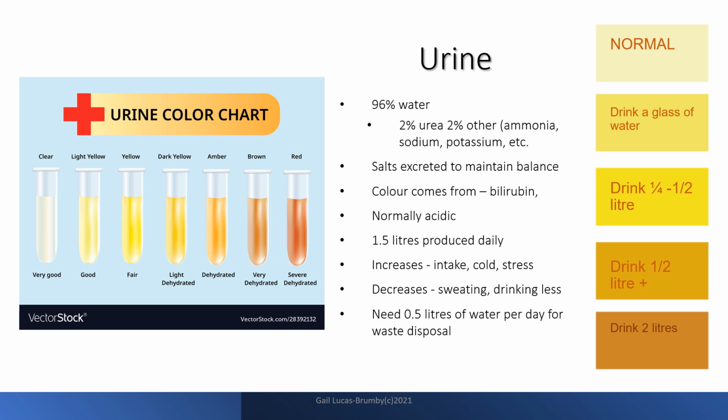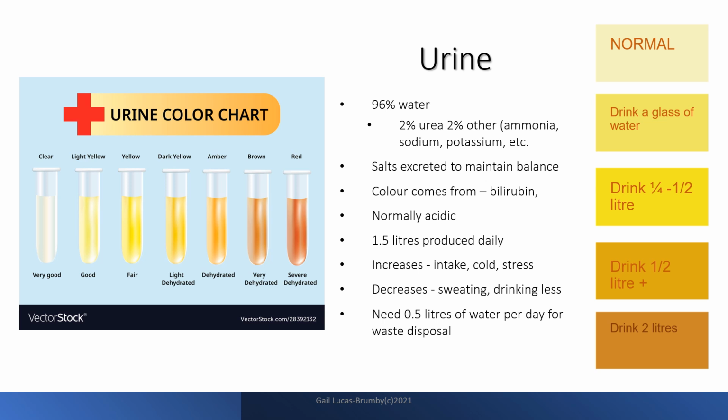I don't think any of us would think that the top one was actually normal. I think most of us would think the second one was maybe normal. So the darker your urine is, the more water you need to drink to balance the body. Salts are excreted in the urine to maintain the balance in the body, and the yellow colour comes from bilirubin.